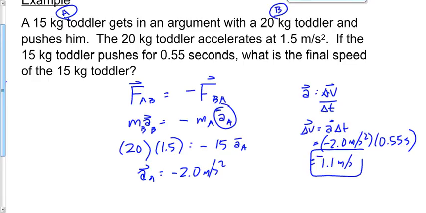If the initial speed is 0 and the change in velocity is negative 1.1, then my final velocity will be negative 1.1. Why negative? Because the other guy went forward, so this guy's got to go backward. If one guy had a positive velocity, the other has to have a negative velocity, right?